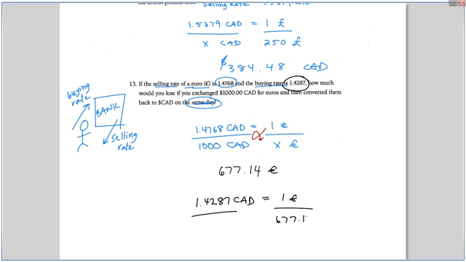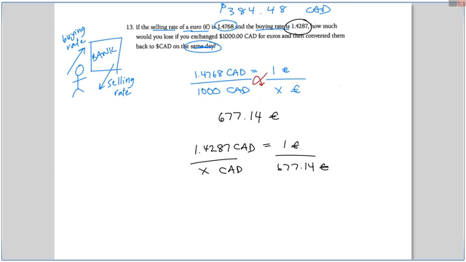You have 677 euros to give back, and this is how much Canadian you'll get back for your 677 euros. After multiplying this, you get $967.43 Canadian. And you started with $1,000.